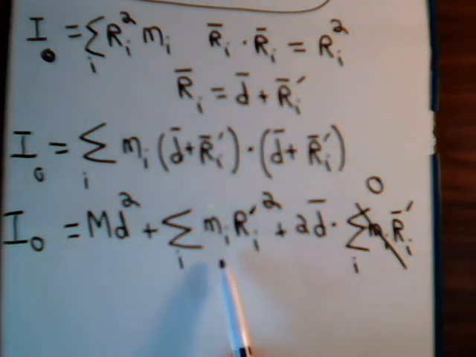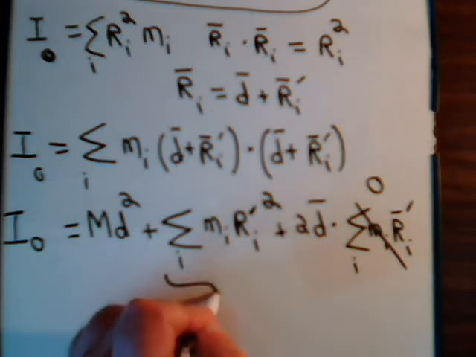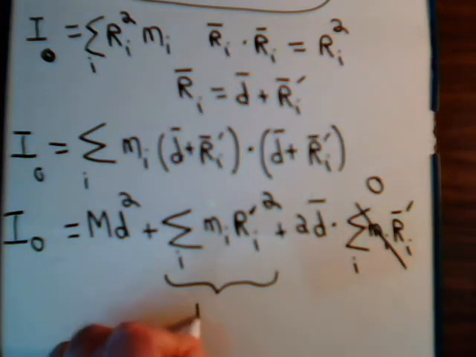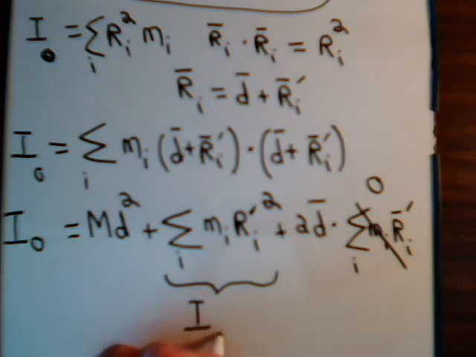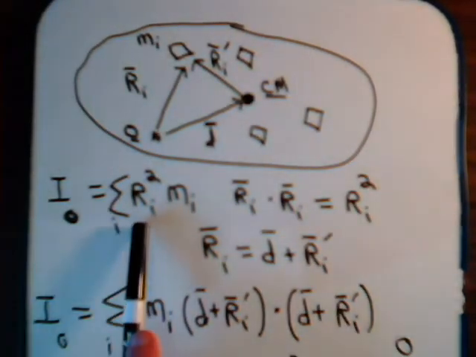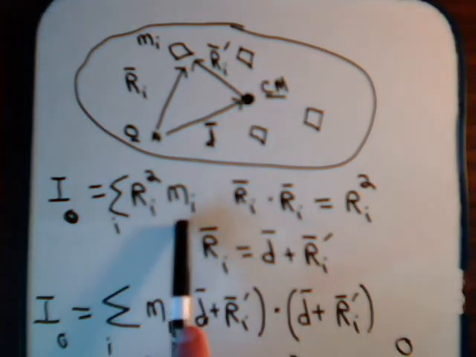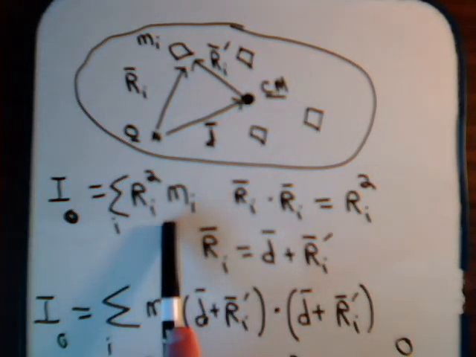Now, here we have mi Ri prime, this radius vector squared. Well, this is just the moment of inertia with respect to the center of mass. Remember, moment of inertia always involves a position vector, its magnitude squared, times the magnitude of the mass.